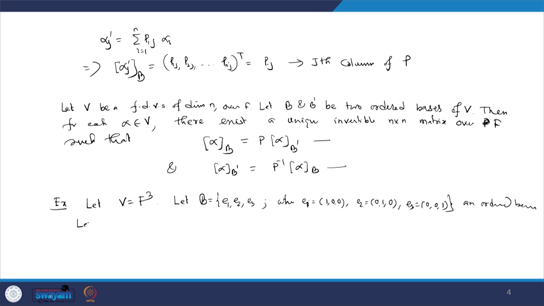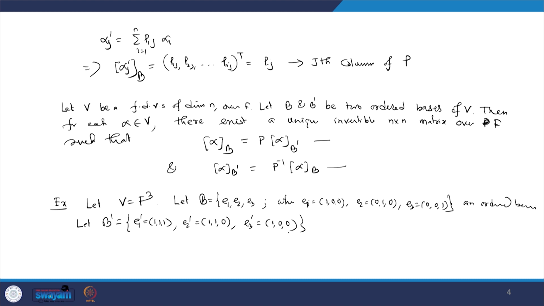Let B prime be another ordered basis. I have given the names E1 prime, which is equal to (1, 1, 1), E2 prime, which is equal to (1, 1, 0), and E3 prime, which is equal to (1, 0, 0).